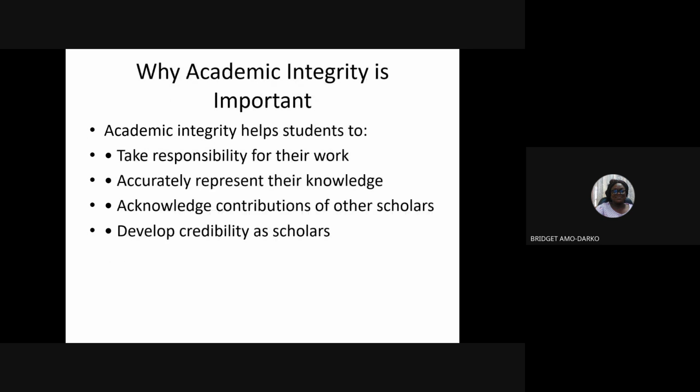Why is academic integrity important? Academic integrity helps students to take responsibility for their work, accurately represent their knowledge, acknowledge the contribution of other authors, and also develop credibility as a scholar.